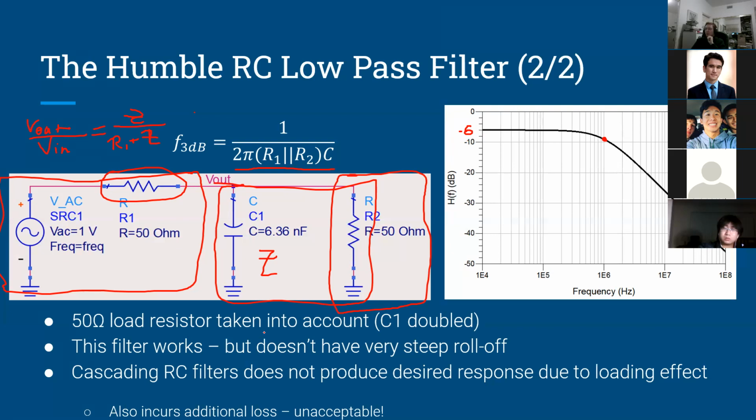All right, but what's the problem with this, though? Because it seems to work just fine. And it does work fine if all you need is the filter to roll off by 20 dB per decade, because the slope of this guy is just minus 20 dB per decade frequency.